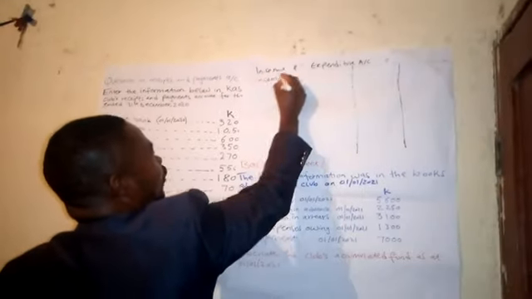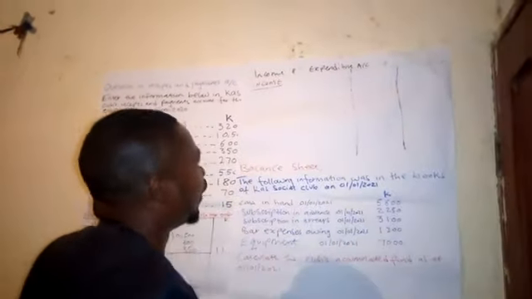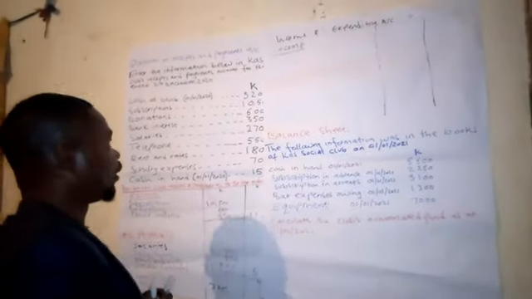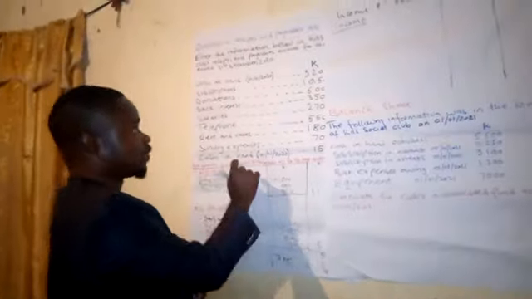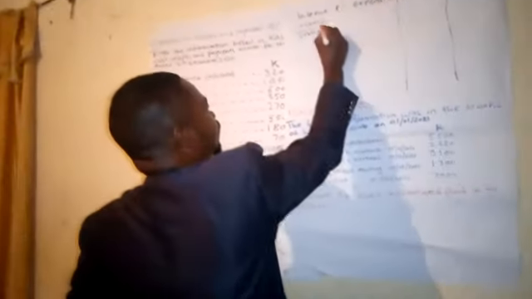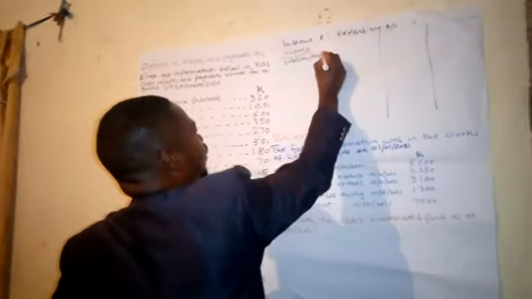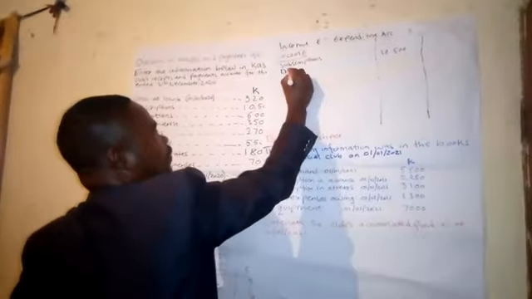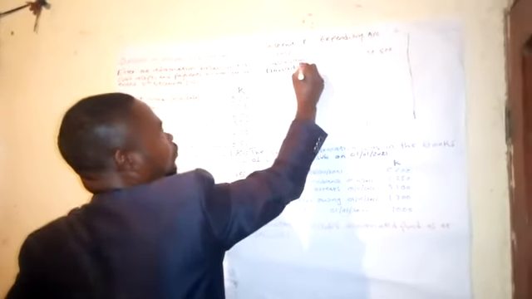Now, the incomes for this question are similar to what we had here on the receipts. So you have subscriptions, we had 10,500. Then donations, we had 600.